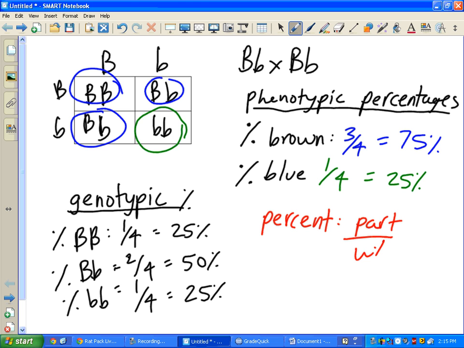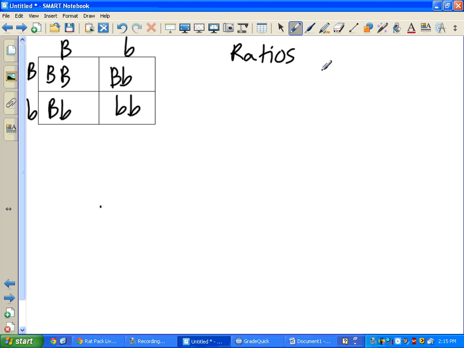Right? So that's always going to be something, whatever it is, out of 4. Right? Now when we do ratios, that is one thing to another thing, right? So you're just comparing really what are the numbers here instead of out of the total.